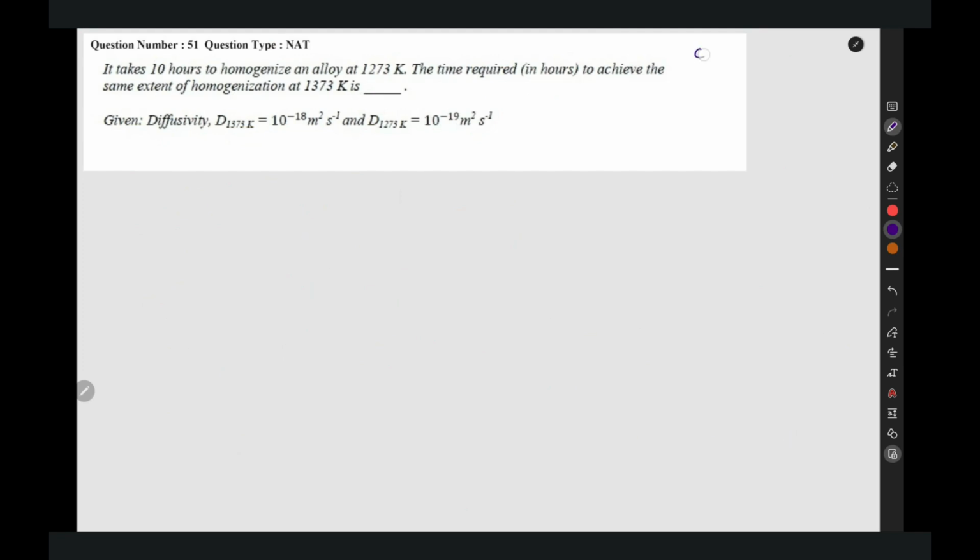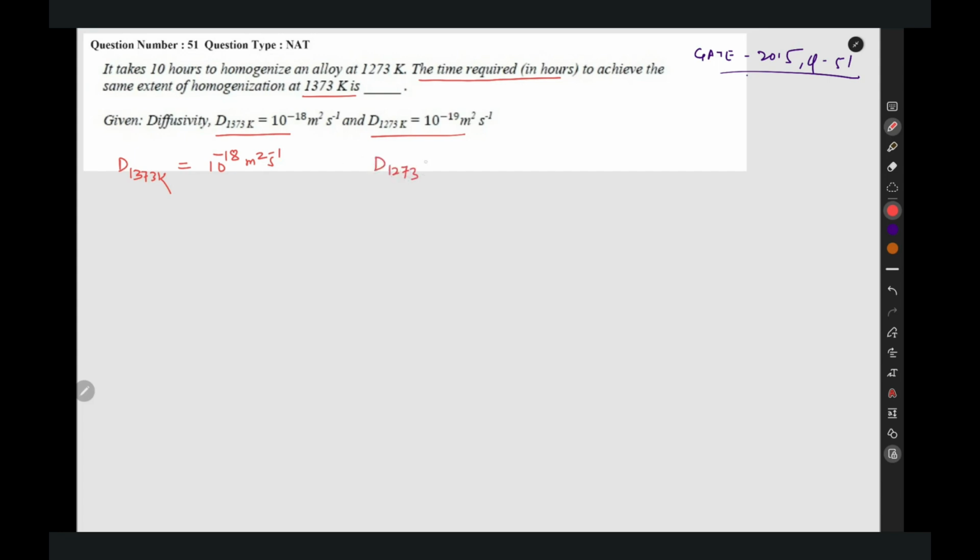So this question is from GATE 2015, question number 51. It takes 10 hours to homogenize an alloy at 1273 Kelvin. The time required in hours to achieve the same extent of homogenization at 1373 Kelvin, and diffusivity at two different temperatures are given. Given is diffusivity at 1373 Kelvin, 10 to the power minus 18 meter square second minus 1.